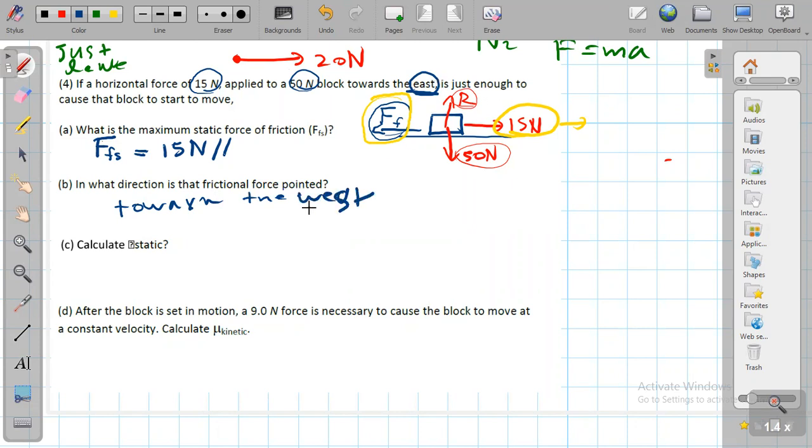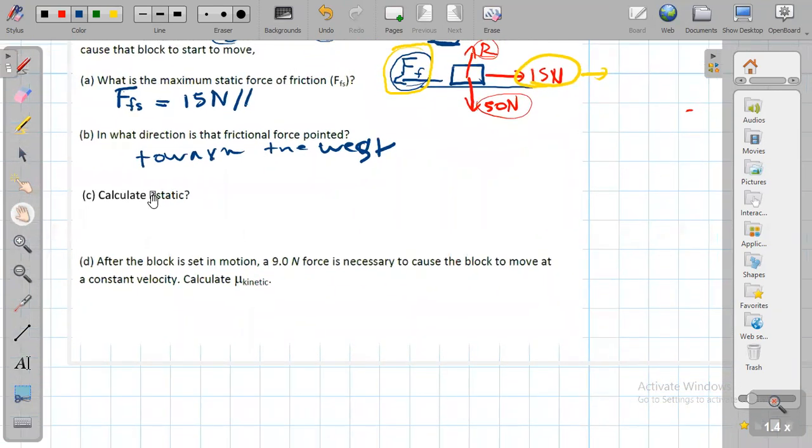If it is east, then the other one is west. Now let's calculate. This is the simple mu static, that means the frictional coefficient. To find the frictional coefficient, we have a simple equation: F equals mu R. We know the force and the reaction.